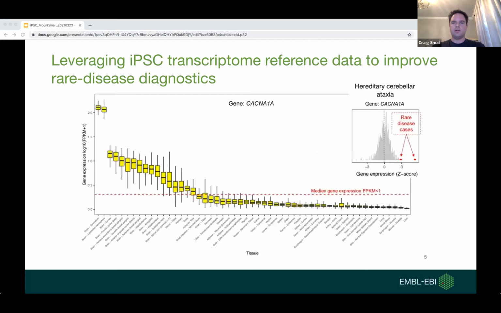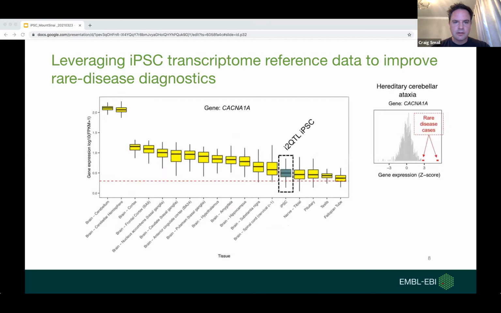And looking at the 1 patient case in more detail, that of hereditary cerebellar ataxia, if we look at the distribution of gene expression across all tissues in GTEx, we see that the causal disease gene is mostly only expressed in the brain. And here are those tissues in more detail.